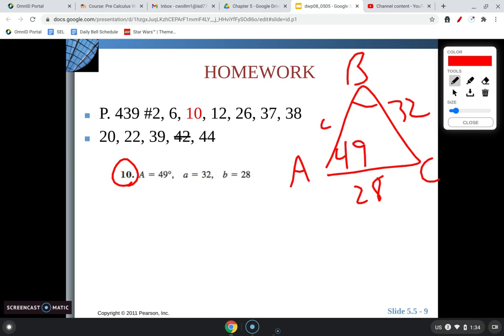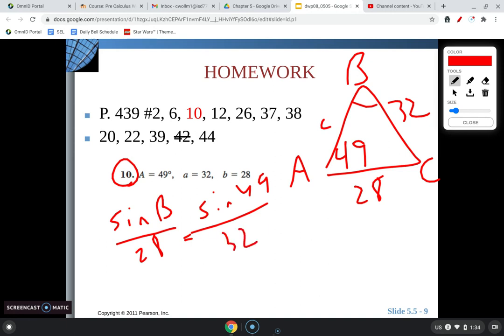So here we go. So it would be sine big B over 28 equals sine 49 over 32. So I'm going to cross multiply. 28 sine 49, hit enter, divided by 32. Now remember, we are finding an angle.